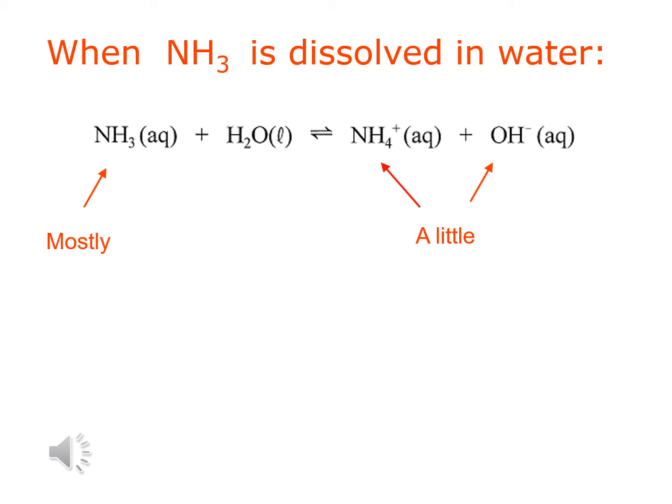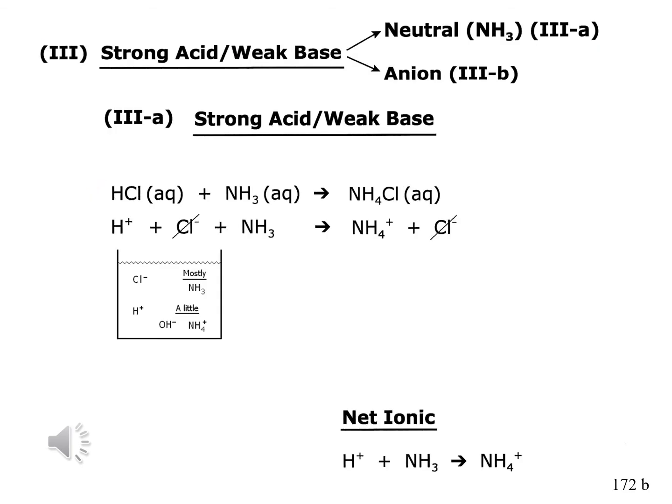NH3 actually pulls an H off of water about 2% to form OH. So I drew the NH3 in solution as mostly NH3, but there is a little NH4+ and OH-.